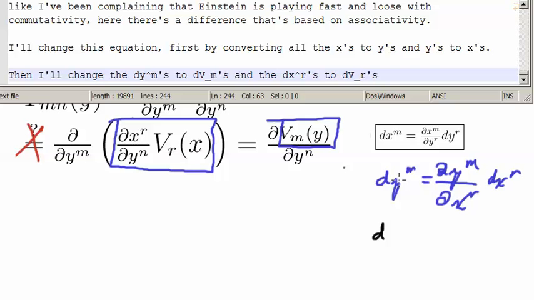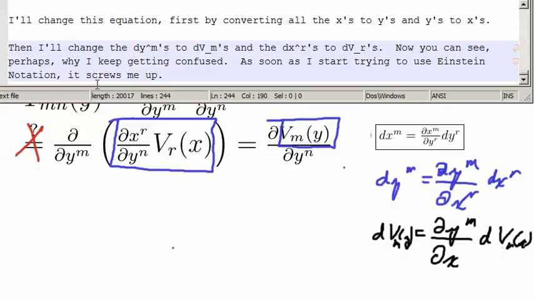Then I'll change all the y superscript m's to dv subscript m's. Or v sub x. This is v sub y. V of x. V of x. V of y. And I really don't care about the dummy subscripts m and r. They're dummy variables anyway, right?